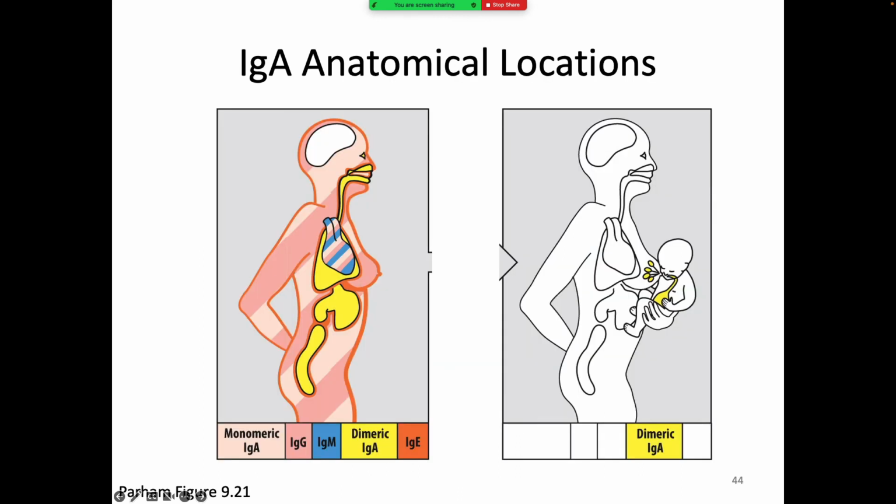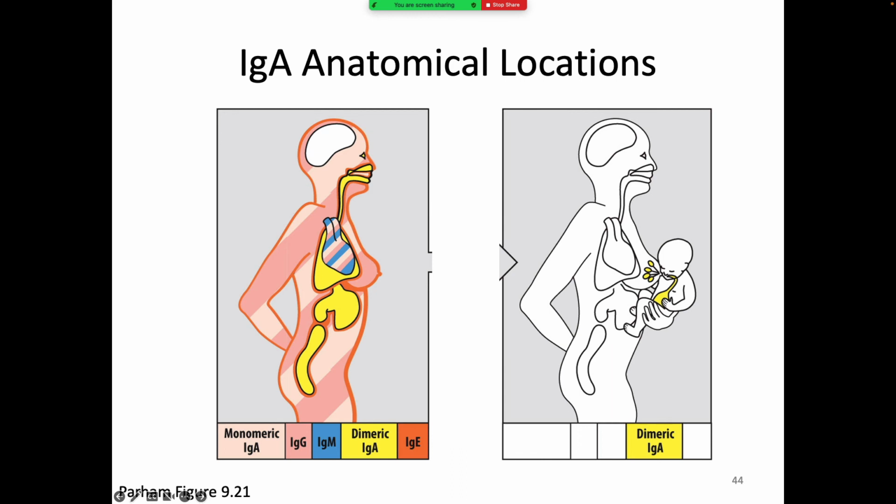You can see IgA here. So while most of our other antibodies kind of hang out all over the body in the blood, IgA is unique in that it is in all of your mucosal sites. So it's kind of helping those anatomic locations have that first line of defense.